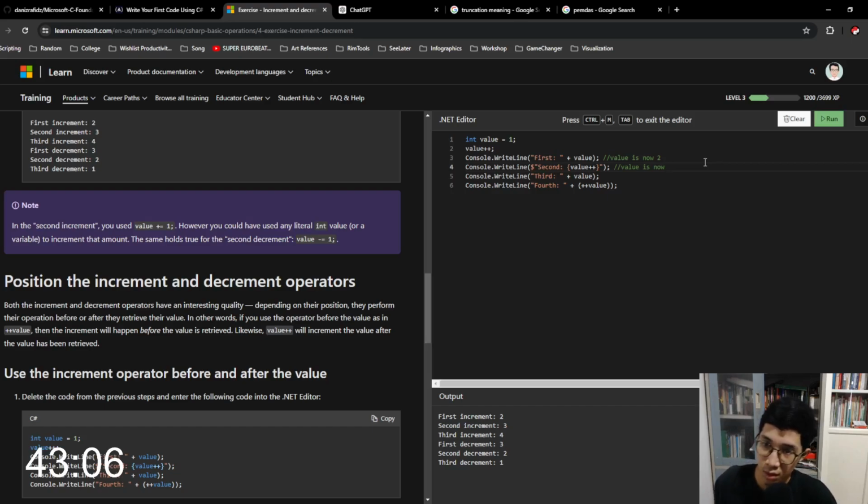So this will remain the same for its value, but in here the value will be incremented.